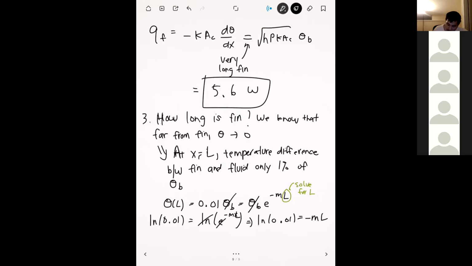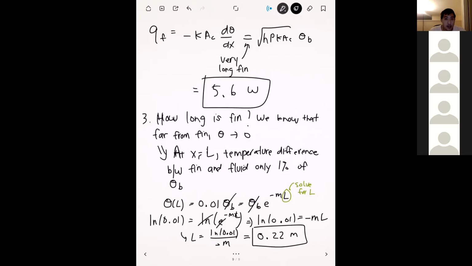And then from here, L is equal to ln of 0.01 divided by minus m. We plug in our value of m. Remember, our m was 21.08, and we get that L is equal to 0.22 meters or 22 centimeters. So basically what we're saying is that the fin has to be at least 22 centimeters long in order for us to apply our assumption here.